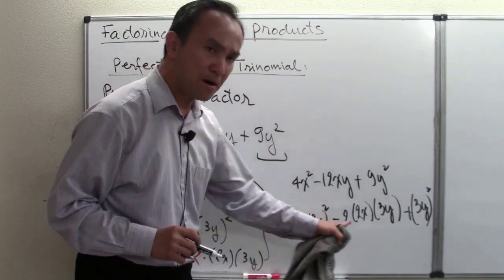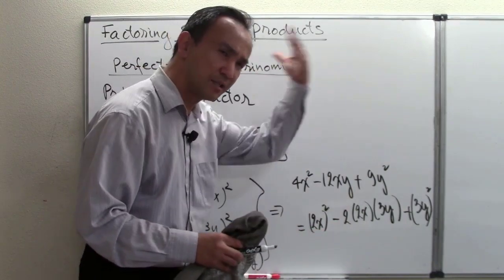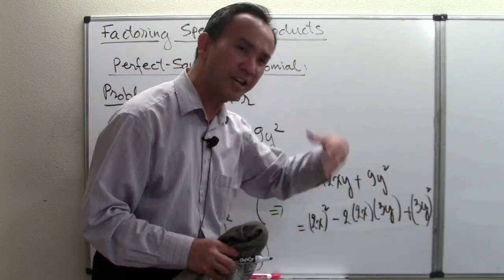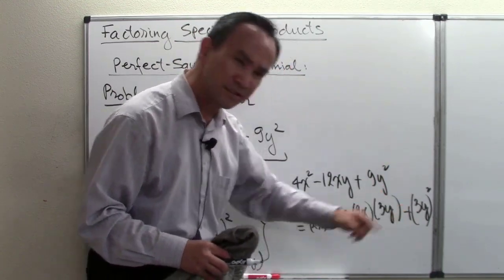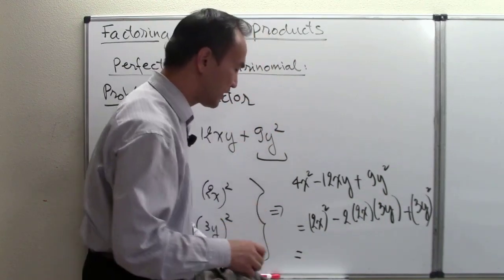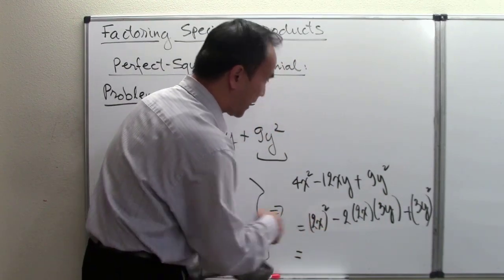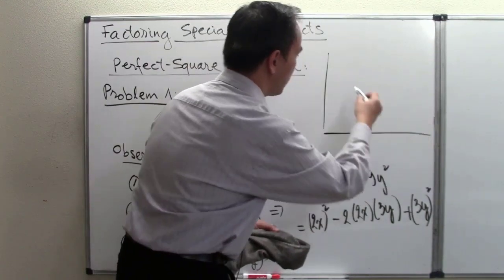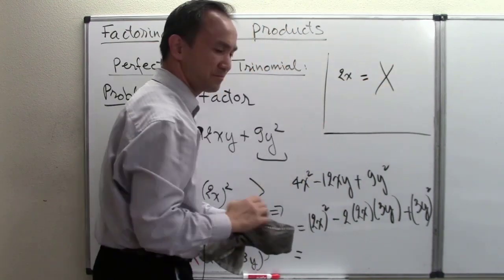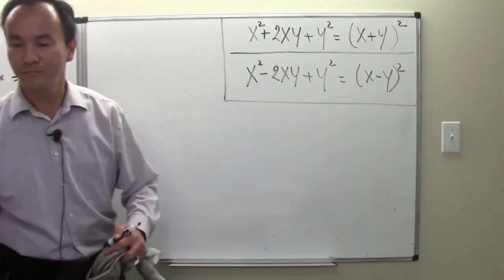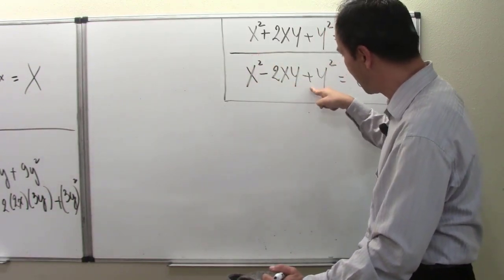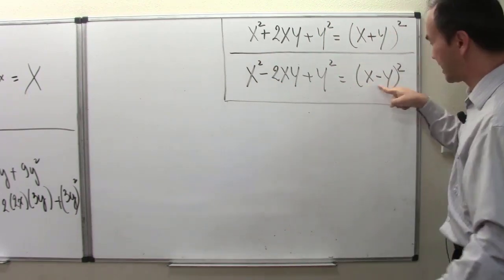So my purpose of showing this, and everything I'm doing here, is the brain process. It helps in explaining for anyone viewing the lesson where these come from. Let me point it out: we can think about the 2x as playing in place of a big capital X, because big capital X squared minus 2XY plus big capital Y squared equals (X minus Y) all squared.